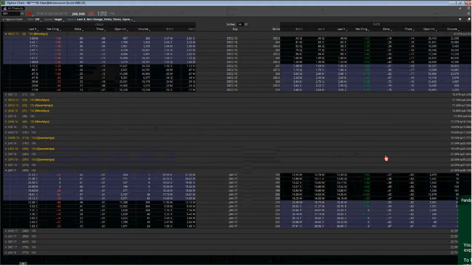But where it can also get really, really funky is when you find a time where your volume for a single day matches or exceeds a particular open interest.